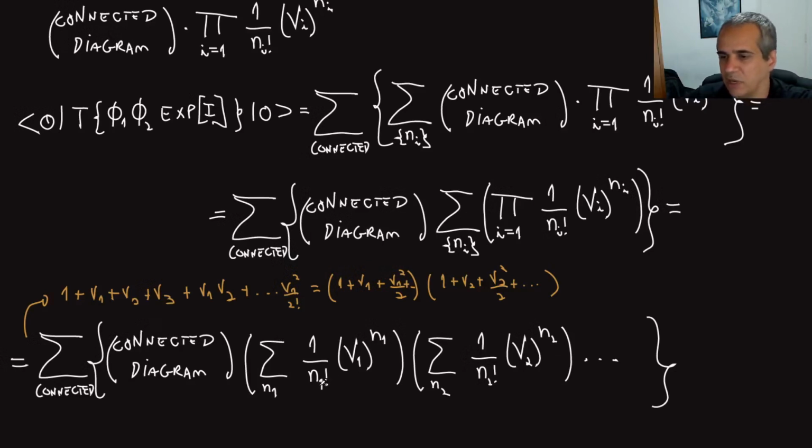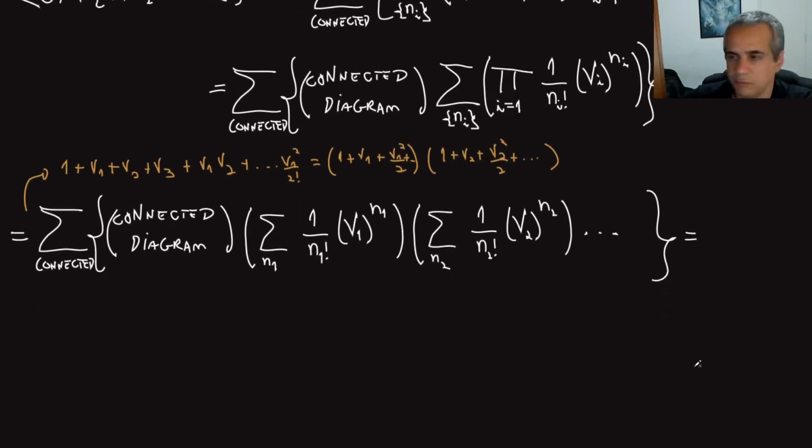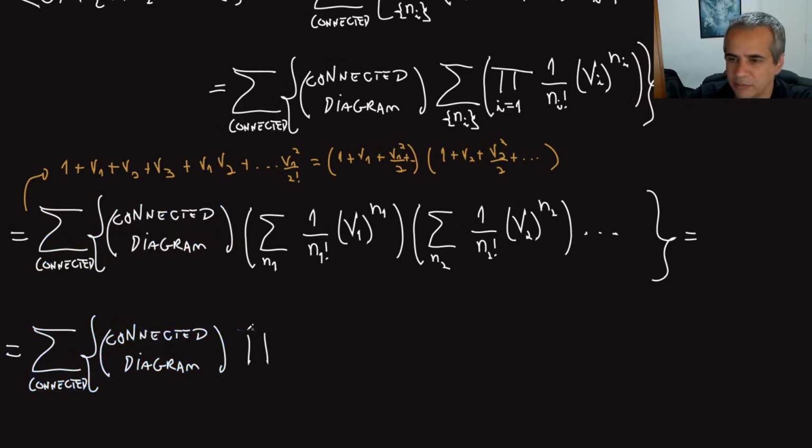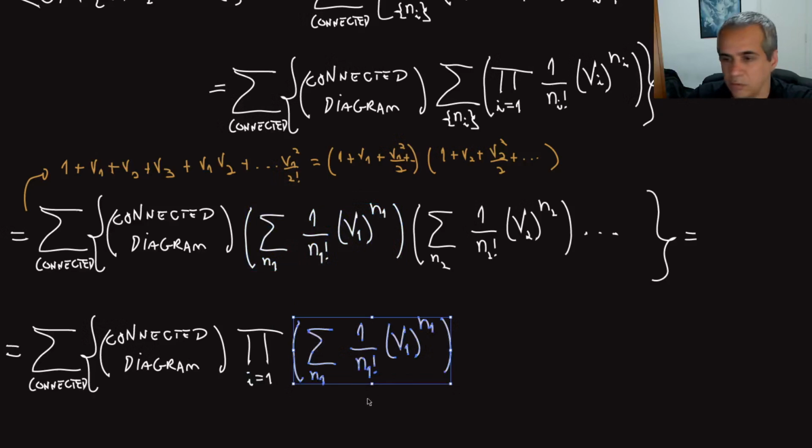And then of course I can just rewrite this as a product, which will be the sum over all connected diagrams times the product, i equals 1 to infinity, of a sum over ni, and I just have to gather enough coordination to trade those ones for i in here.